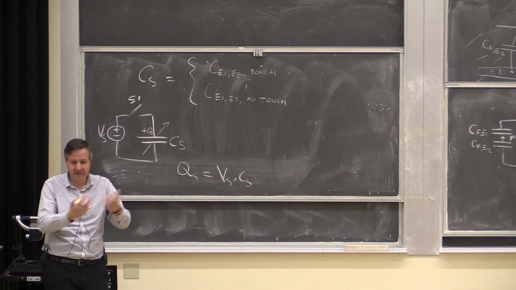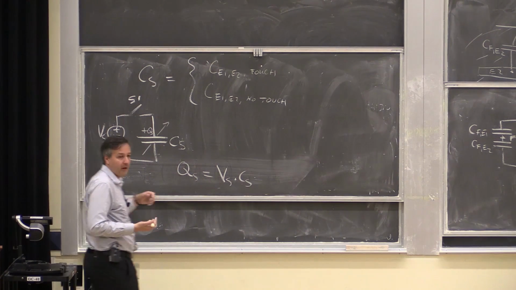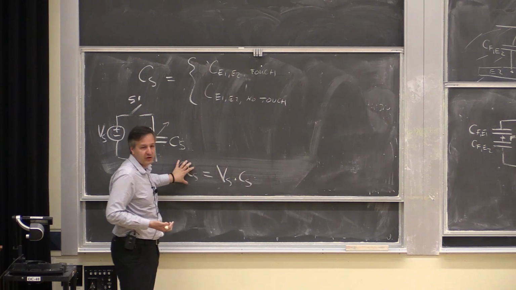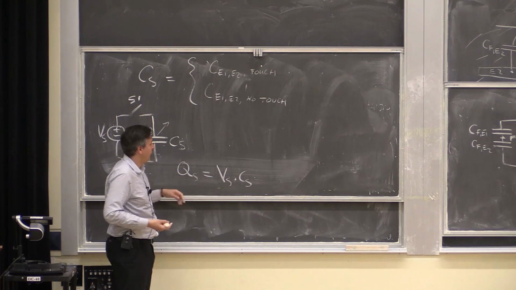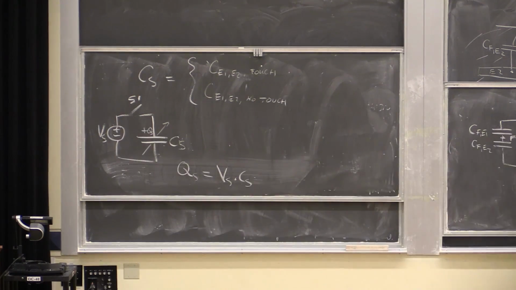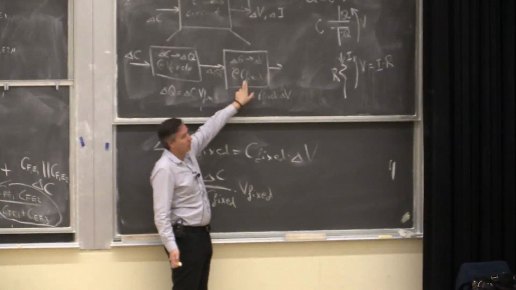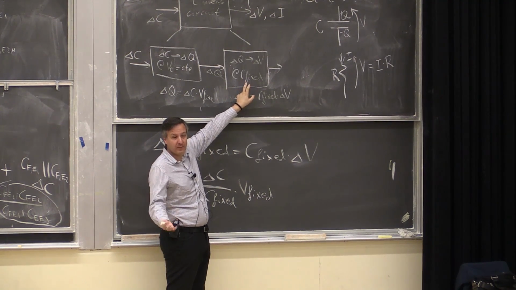So I have that translation from capacitance to charge. Now I have to figure out how to turn this charge into voltage. To do that, as we did here, we had to add something. What was that? Another capacitor, C fixed, a known capacitor.